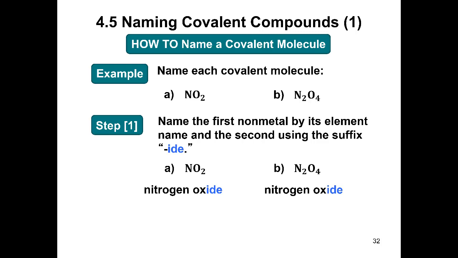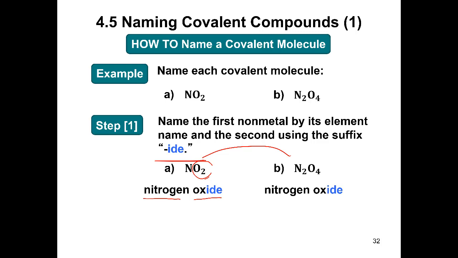So the N is nitrogen, so you'd call that nitrogen. And then oxygen is going to be named oxide. Then the difference, though, in covalent is because you could have multiples of N's and O's in a molecular compound like you see for these two, we do have to say how many of each thing we have.